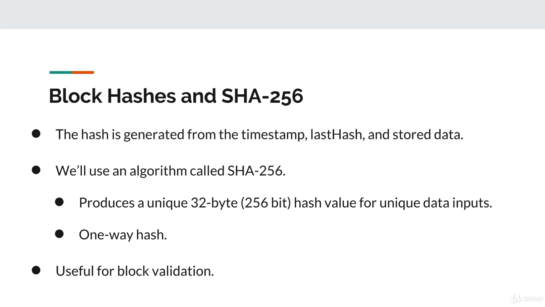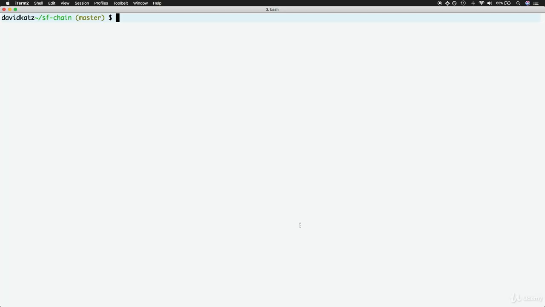All right, let's add this SHA256 hash function to our project. To begin, head to the command line because we're going to be installing a new module, so make sure you're in the SF chain directory. This new module is called crypto-js. Crypto-js is a neat module which contains an SHA256 function that we can use.